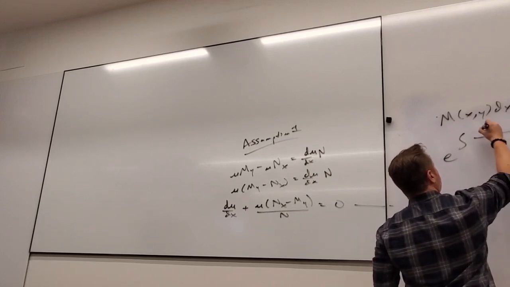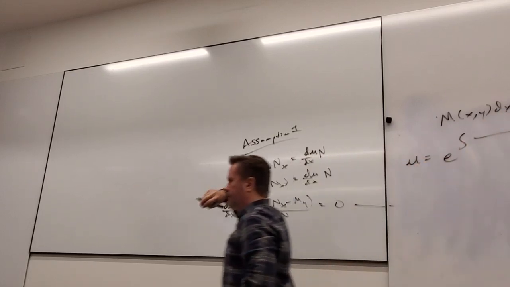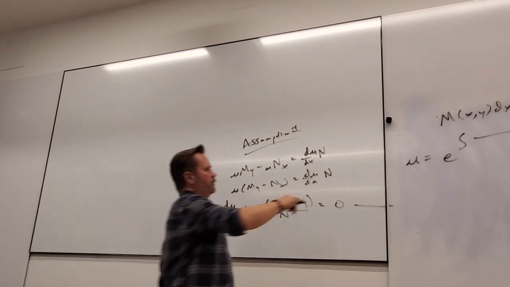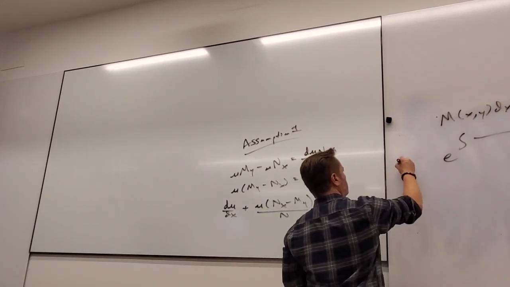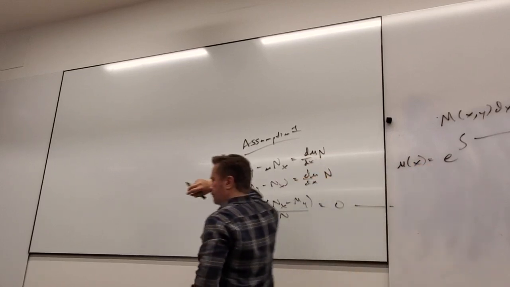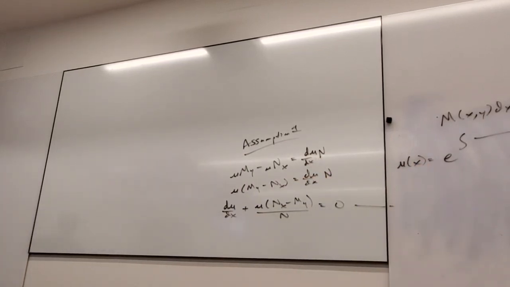When I was a student, there's two of these you gotta remember, so I'm gonna give you the way I remember it. So mu of x, if mu is a function of x alone, this would be, what way did I remember this? Yeah, okay. All right, this is exactly what I did.